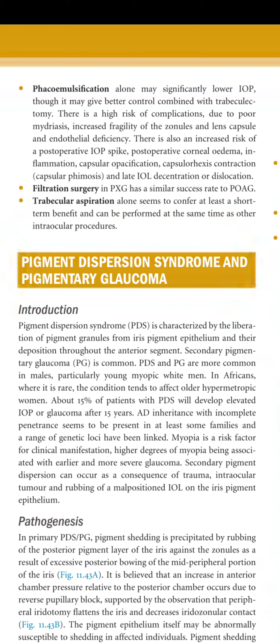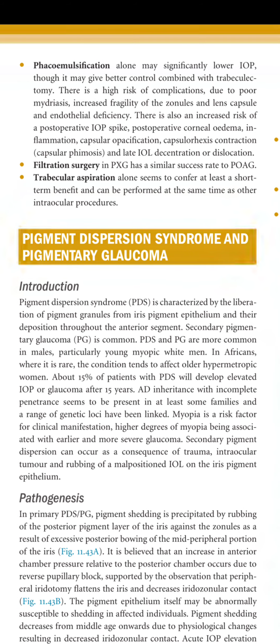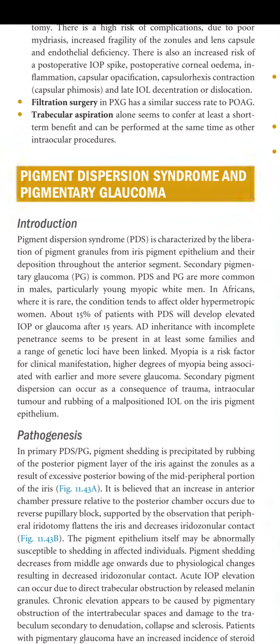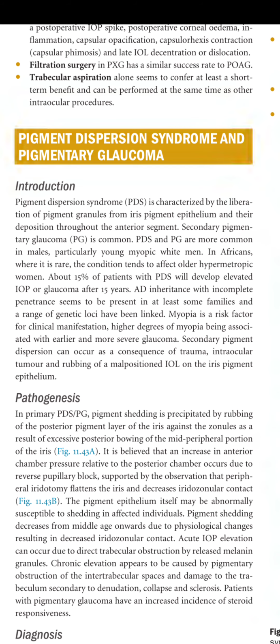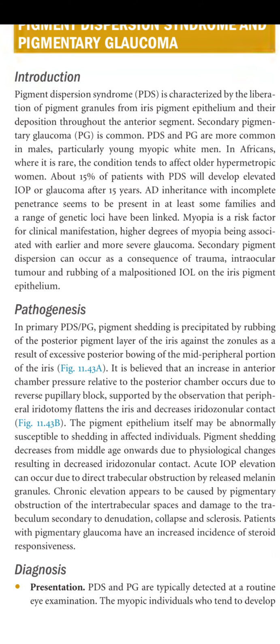Secondary pigment dispersion can occur as a consequence of trauma, intraocular tumors, and rubbing of a malpositioned IOL on the iris pigment epithelium. So, what is the pathogenesis of pigment dispersion glaucoma?